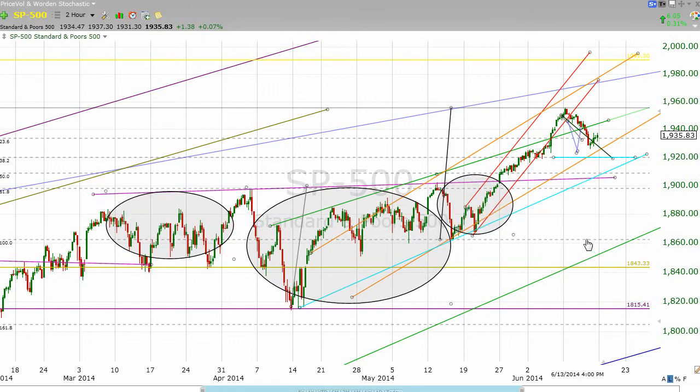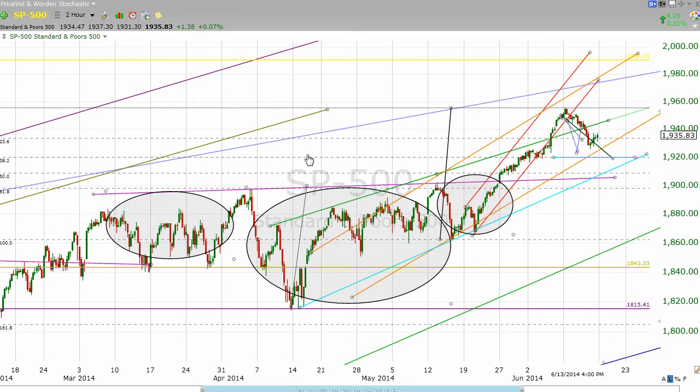Now, you might say, why do you call it a head and shoulders? Well, when it's inverted, and that's mostly what we've seen in the markets because we've been in a bull market, it would be like a guy at the South Pole looking over a wall. Here's a shoulder, here's his head, and here's his other shoulder.